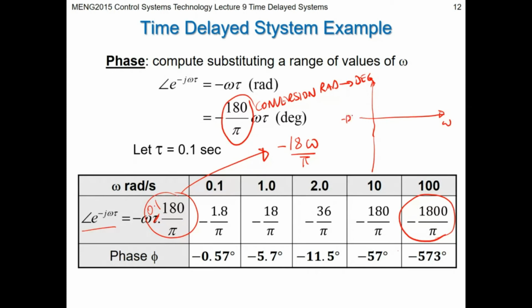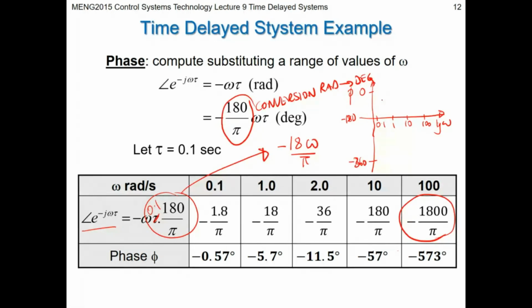Say this is minus 180, 0, let's say minus 360. So this is the range I'm working on, and this is phi, my phase angle, against omega. And so we're saying at 0.1, 1, 10, and 100. It's a logarithmic scale, so evenly space the decades.